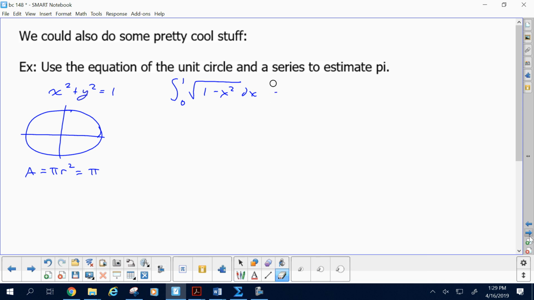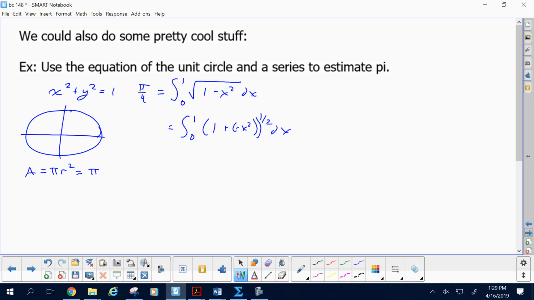What is that equal to? Pi over 4. All right. Pi over 4 is equal to that. All right. Now, we could estimate that bad boy with a little series action. Yeah, this is a binomial series, right? So this is like this series 1 plus negative x squared to the half.